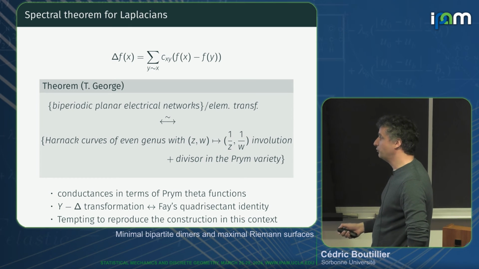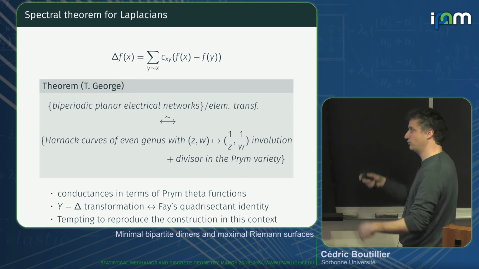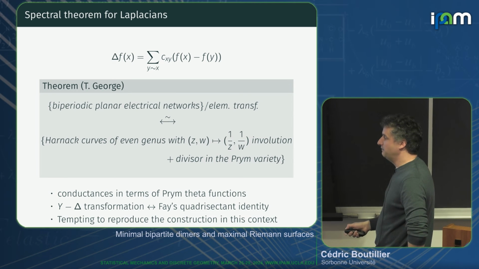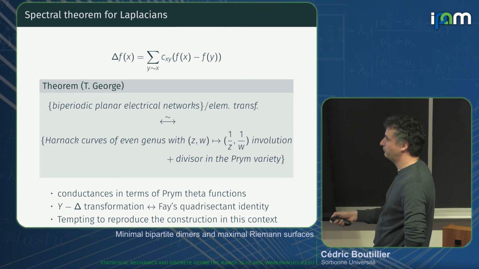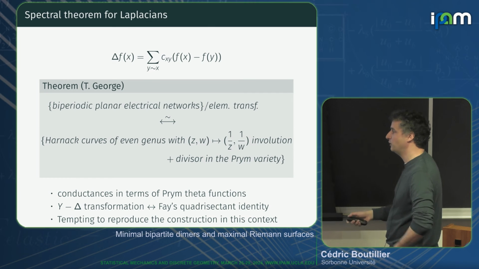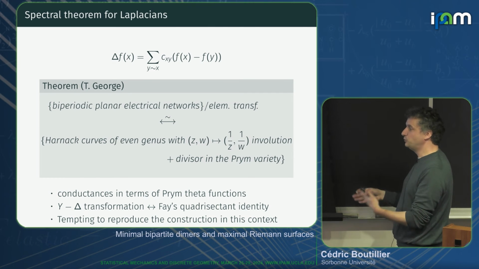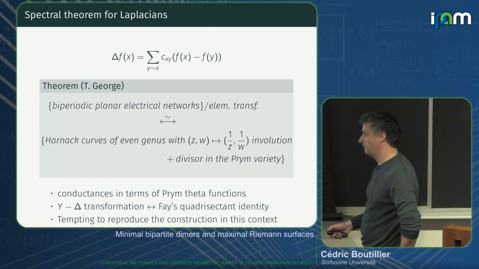So he was also able to perform the analog of Fock's inverse construction by giving explicit formulas for conductances when you start from an algebraic curve in terms of new theta functions, these Prym theta functions.